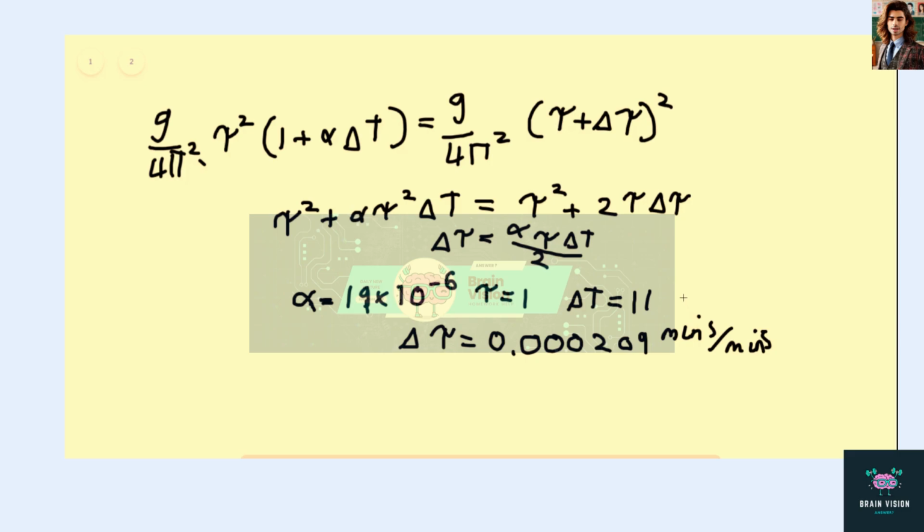So to convert that to minutes per year, we multiply by 60 to get minutes per hour, then by 24 to get to minutes per day, and then by 365.25 to get to minutes per year. Doing all of that gives us delta tau is equal to 109.9 mins per year, which is our final answer.